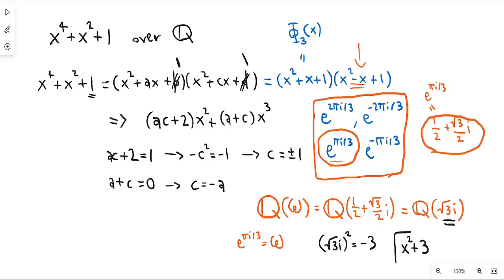And this is an irreducible polynomial by Eisenstein's criterion. So that tells me that the splitting field is Q adjoin square root of 3 i, and it tells me that the degree of this as an extension of Q is 2. And that's it.